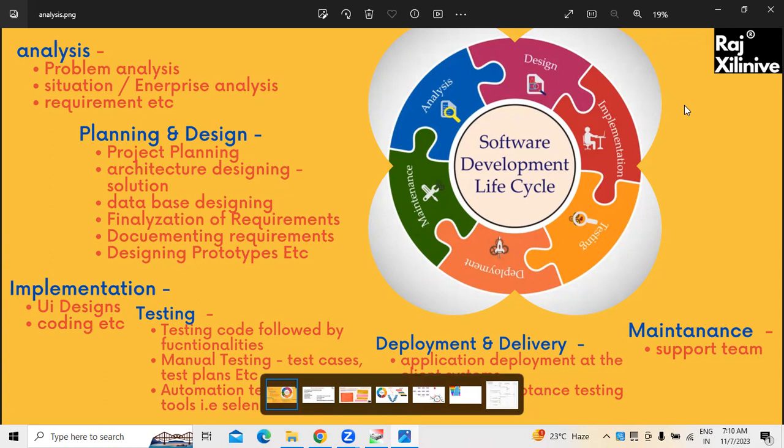In the phase of planning and design, there will be three different roles participating. One is the project manager, the project management role, where project planning, etc. will be done. Second is the architect role. The architect develops the solution architecture for the project.